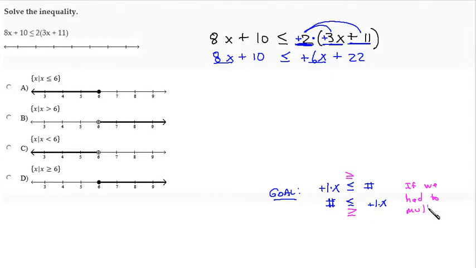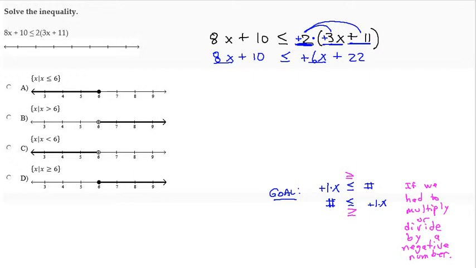That's a big consideration, and it differentiates inequality solving from equation solving. So let's get there when we get there.